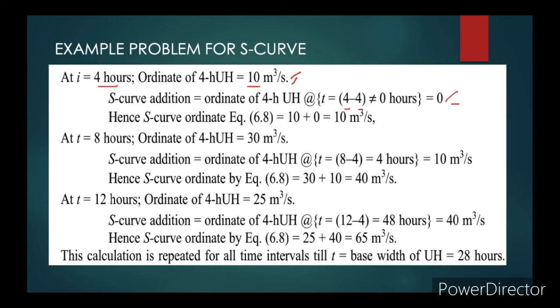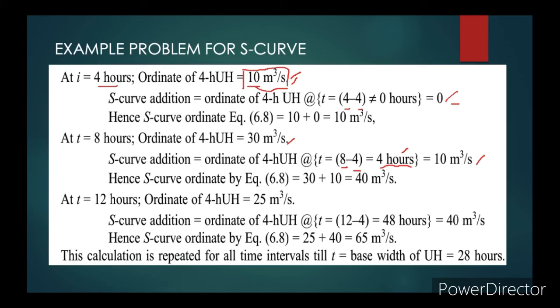The ordinate of the 4-hour unit hydrograph is equal to 30 meter cube per second, as given. So the S-curve addition is equal to the ordinate of the 4-hour unit hydrograph at t equal to 8 hours, minus the 4-hour lagged unit hydrograph. The 4-hour value is equal to this 10 meter cube per second.